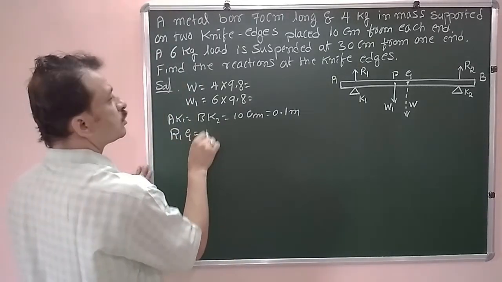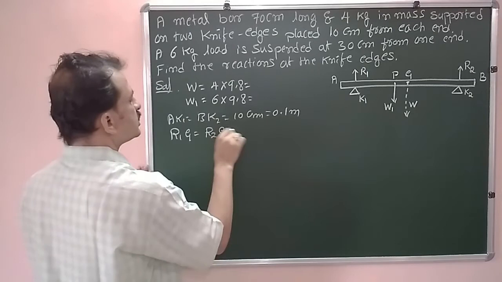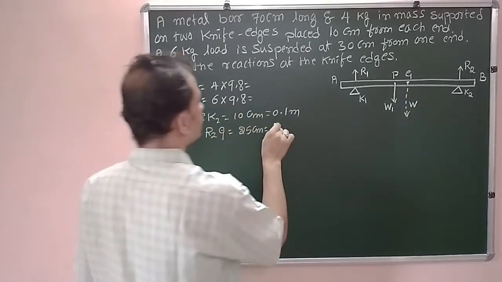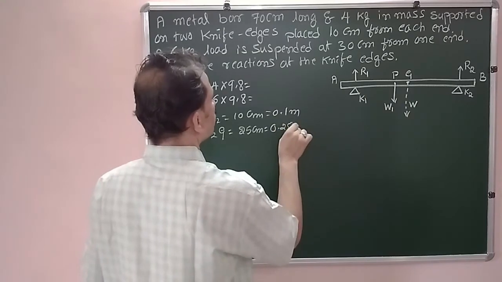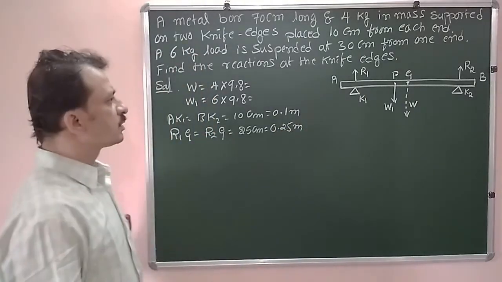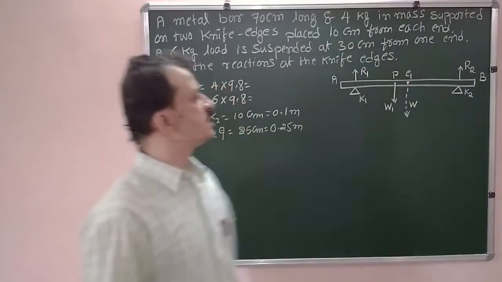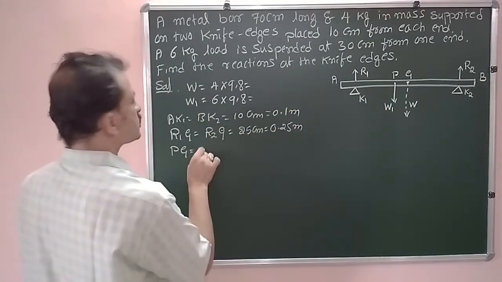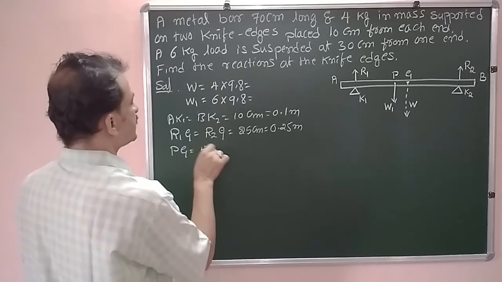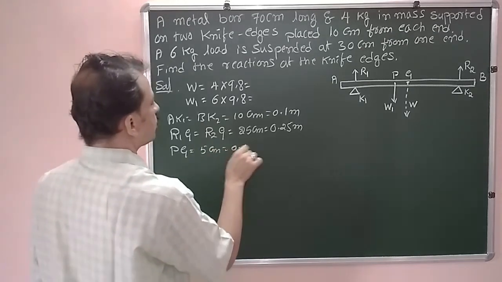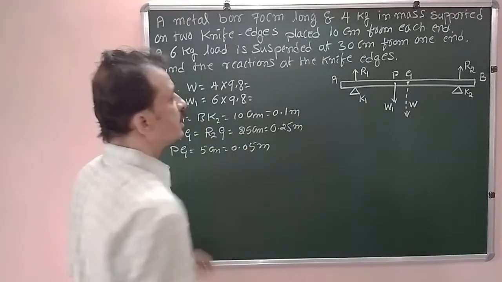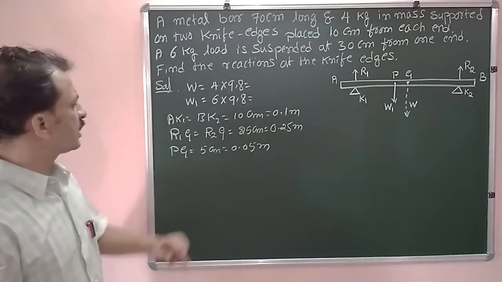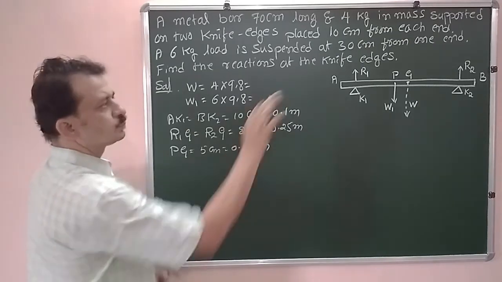R1G is equal to R2G, that is equal to 25 centimeter. If I write it in meters, 0.25 meter. Now what is the distance of P and G? Now PG becomes 5 centimeter or 0.05 meter. Now if it's so, we have to calculate R1 and R2.